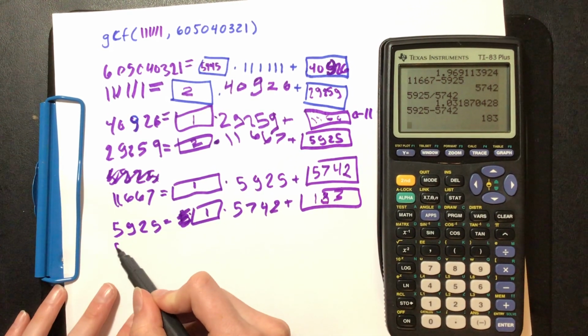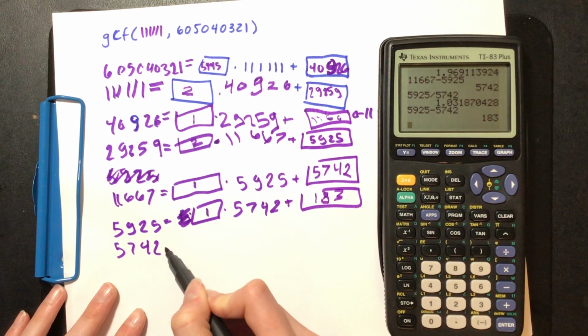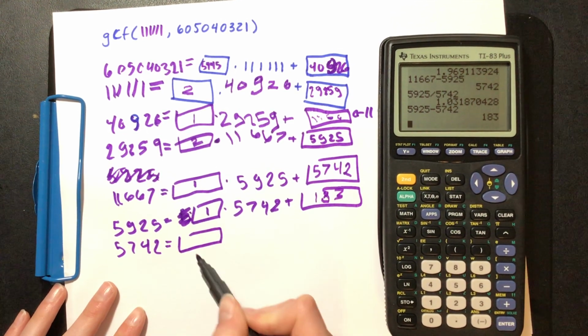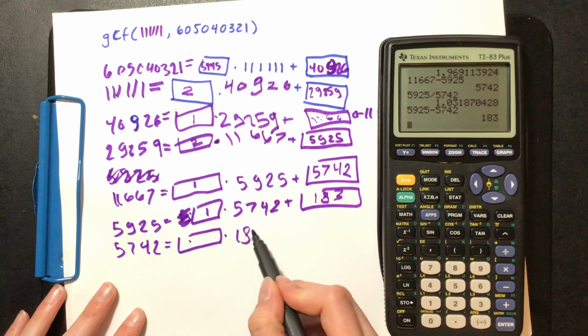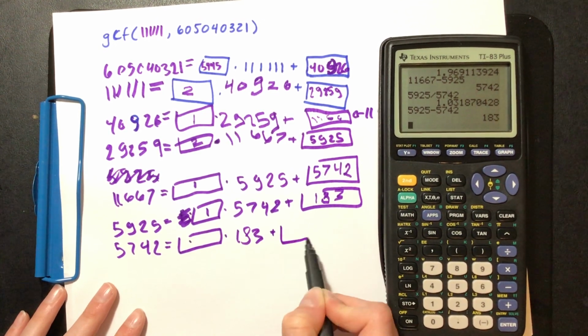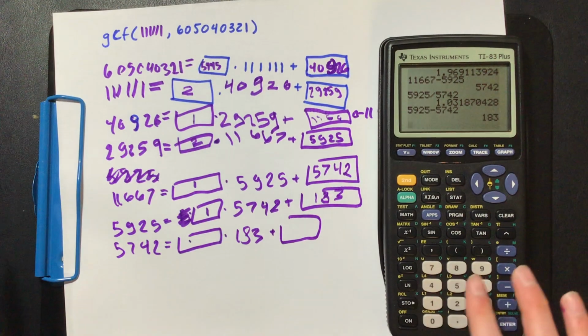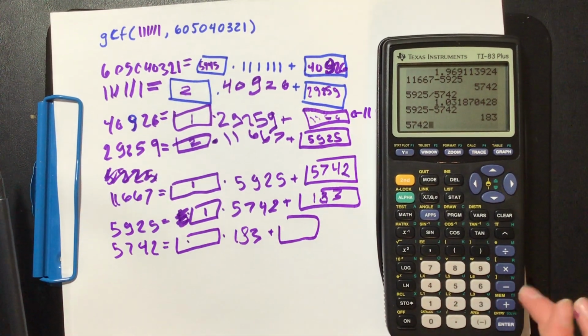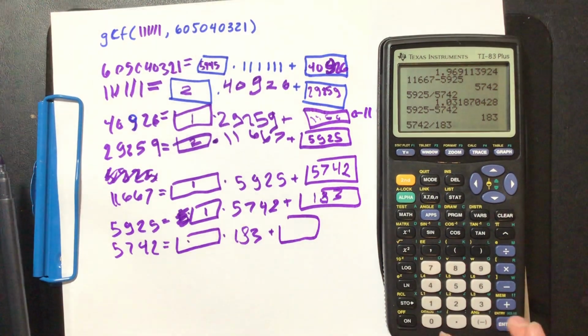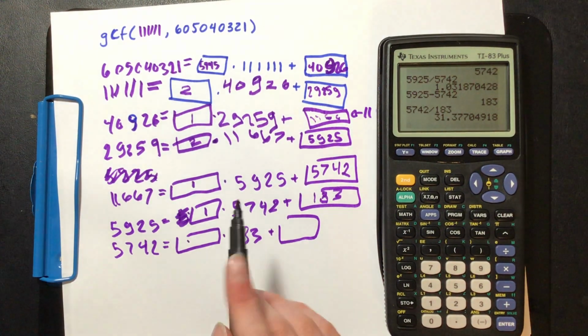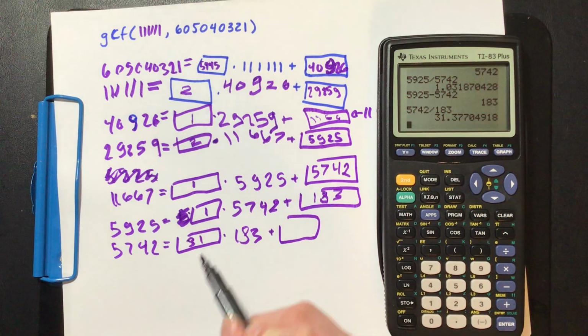So, 5742 equals 5742 divided by 183 equals 31. 31, that number got big.